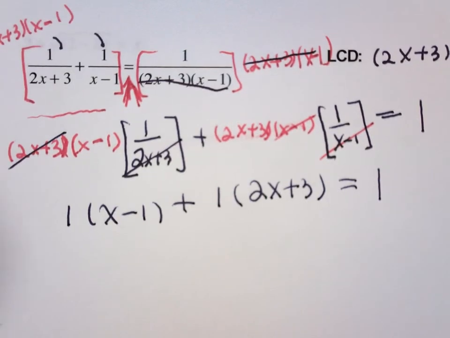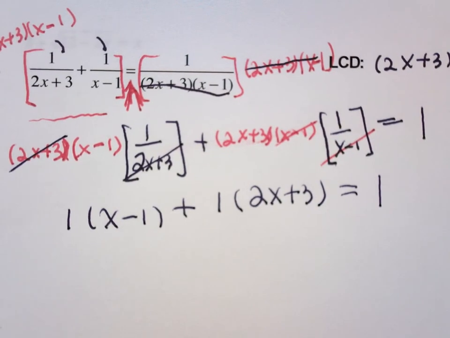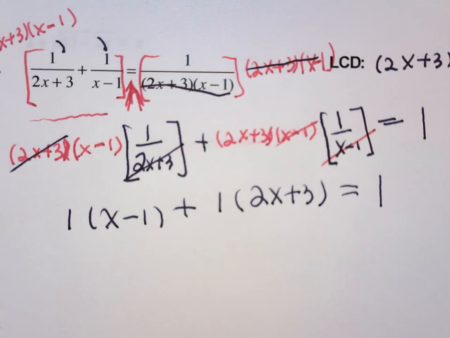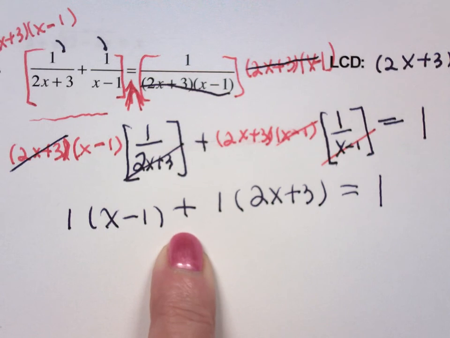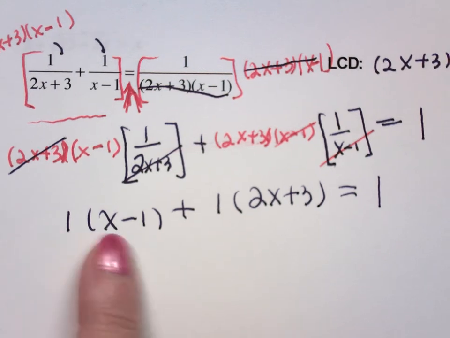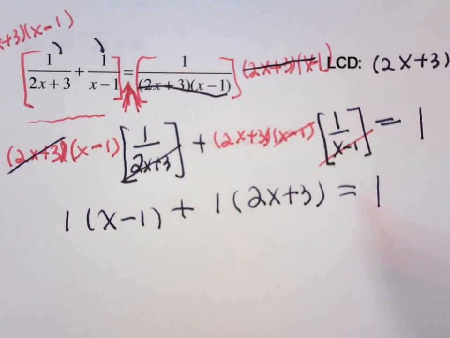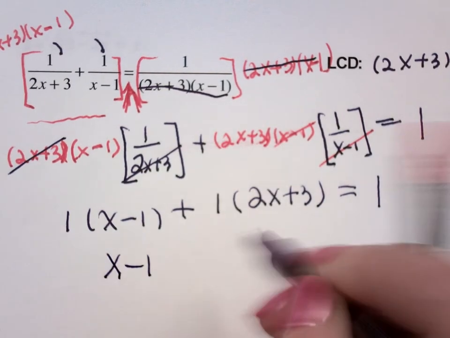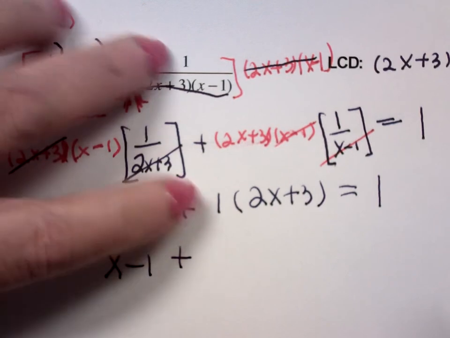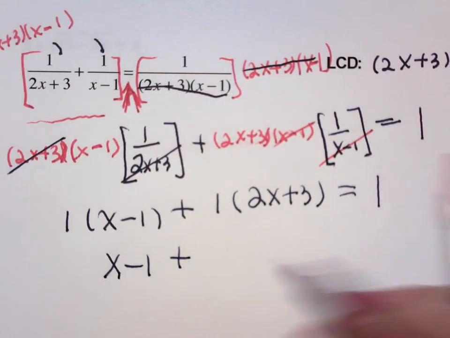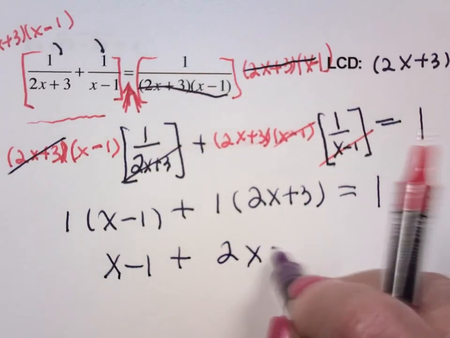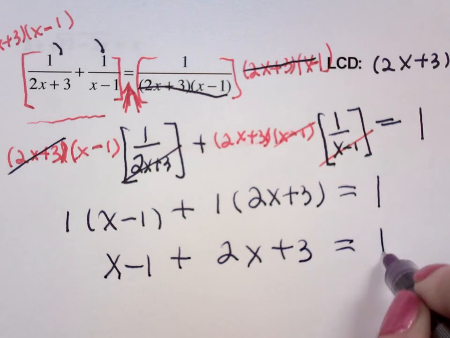Now, do you have to put the 1 in? The answer is no, but it's there. Whether you see it or not, it's there. If that was a minus, it would make a difference, but since it's a plus, it doesn't. A plus 1 times x minus 1 is just x minus 1. A plus 1 times 2x plus 3 is just 2x plus 3, equal to 1.